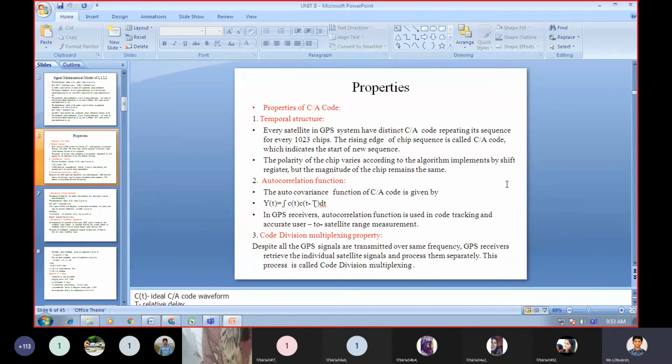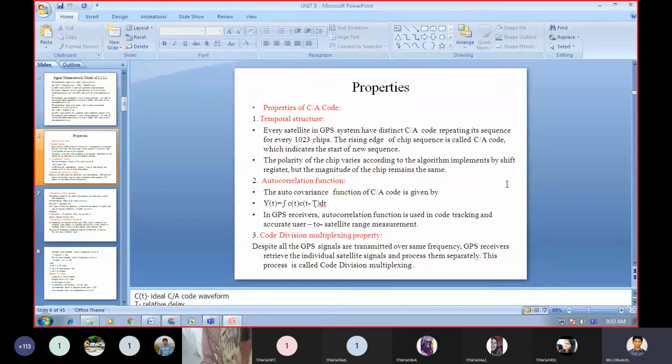The third one is the code division multiplexing property. All the GPS signals are transmitted over the same frequency; there is no change in that.